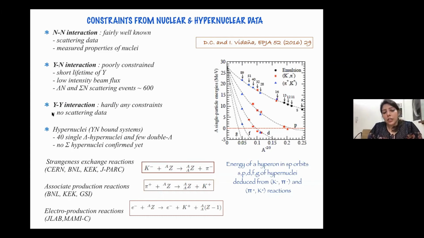Whereas for the hyperon-hyperon interaction, the data are extremely scarce, so there is almost no data. The good news is that this situation will be improved by a large number of upcoming hypernuclear experiments at J-PARC, CERN, Brookhaven National Lab, and so on. So we have to keep a lookout for the developments.